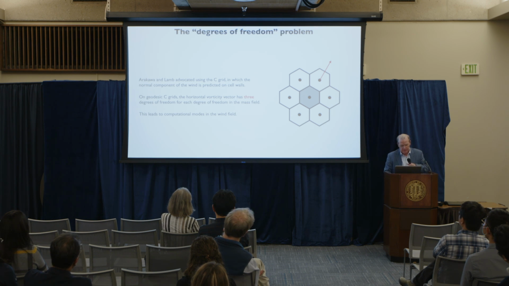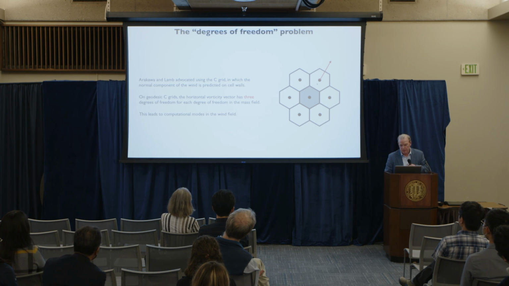And the simplest general way to define the C-grid is to say that a C-grid model predicts the outward normal component of the wind on each cell wall. So if the mass lives in each of these 7 cells here, on every cell wall, not just this one, but all of them, the model predicts the outward normal velocity on the wall, and not the tangential.